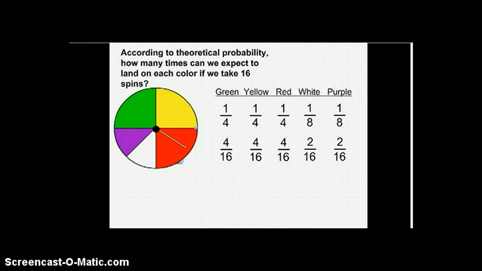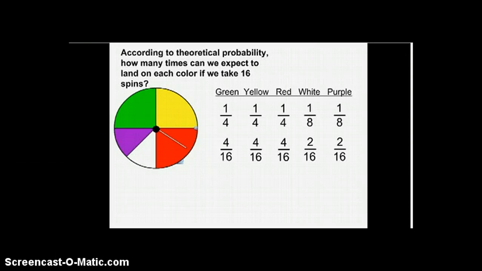When doing this, we can see that 1/4 is equivalent to 4/16, and that 1/8 is equivalent to 2/16. The value of the fractions did not change. However, we expressed it in terms of 16 spins. So for green, yellow, and red, we could expect to land on each one of those colors 4 times out of 16. And for white and purple, we can expect to land on those colors 2 times out of 16.